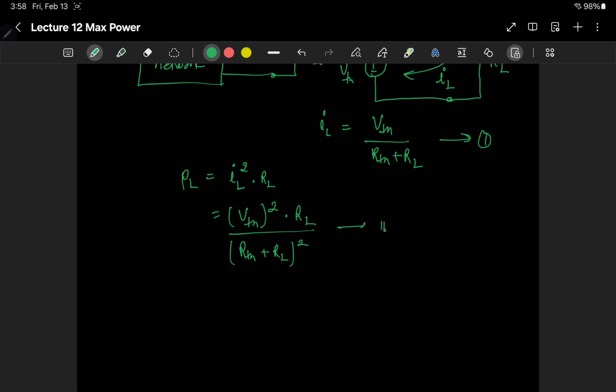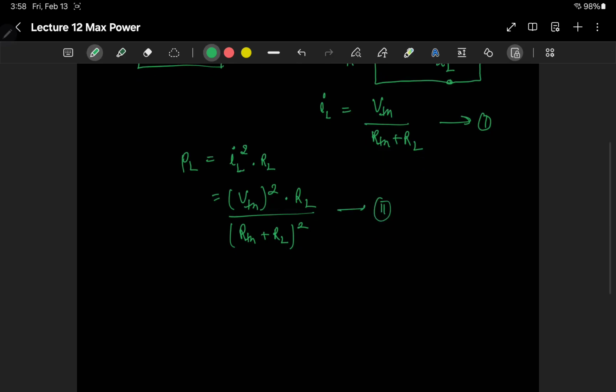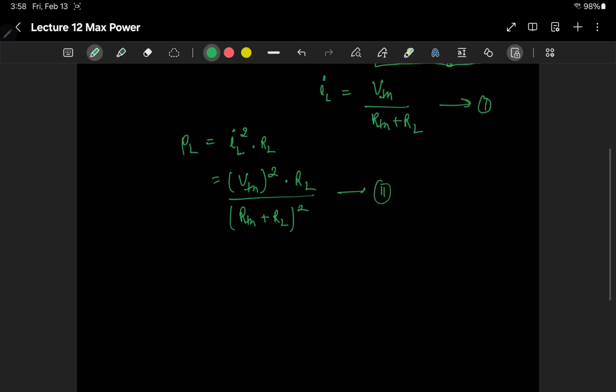Let's say this is equation 2, and we know that for any equation to give us the maximum or minimum value, the first derivative should be equal to 0. So for maximum power, we'll have to do dPL divided by dRL equals 0.